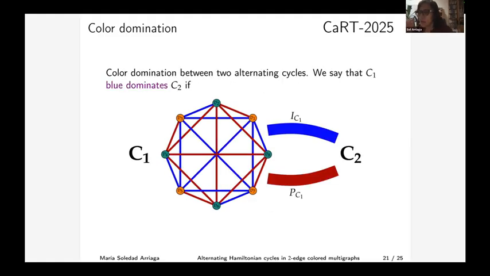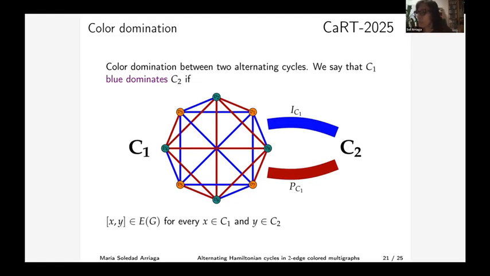And with this, we can define color domination between two alternating cycles. We say that C1 blue dominates C2 if the next conditions hold. First, XY is an edge of G for every X in C1 and every Y in C2.